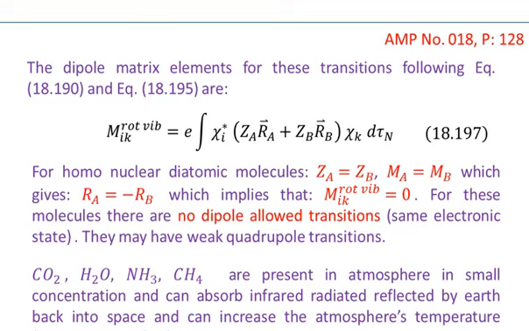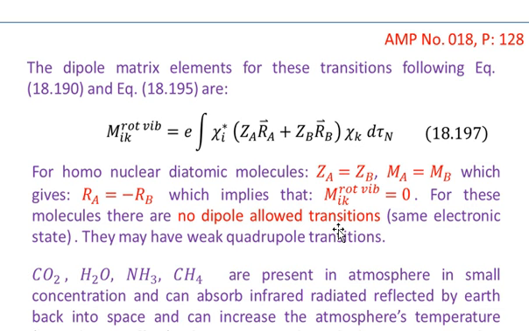So the conclusion is that for a homonuclear diatomic molecule, the matrix element MIK for rotation and vibration for the same electronic state is equal to 0, which means that there are no dipole allowed transitions with the same electronic state.